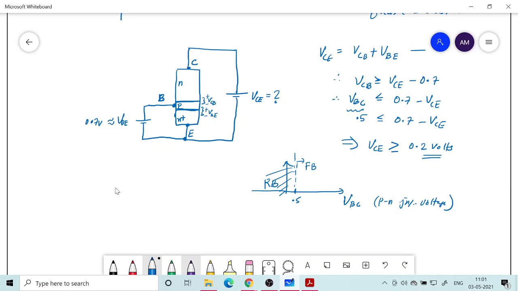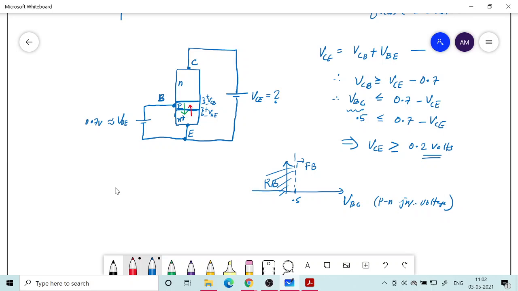There will be a lot of holes diffusing from this side, I'm talking about the VBE junction or the emitter-base junction, and a lot of electrons going to the other side. Both will happen, because when you forward bias we reduce the barrier, and when you reverse bias we increase the barrier.